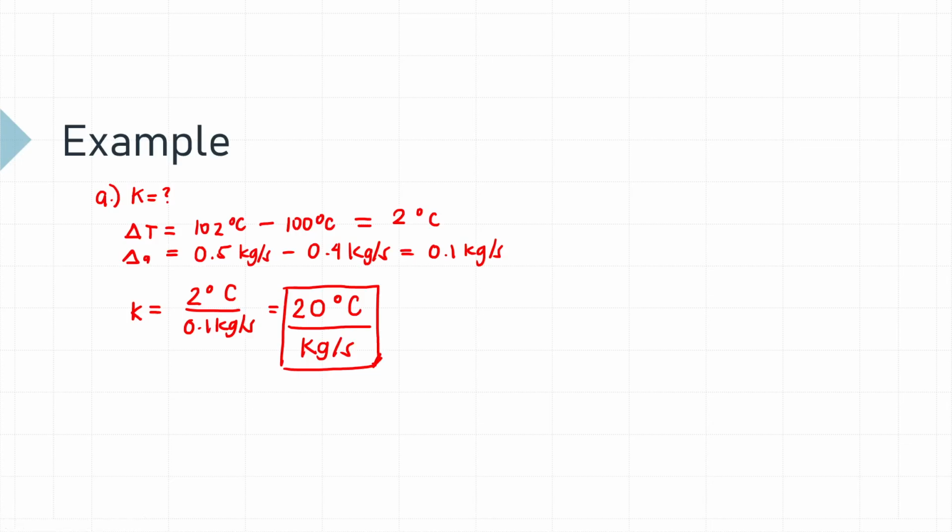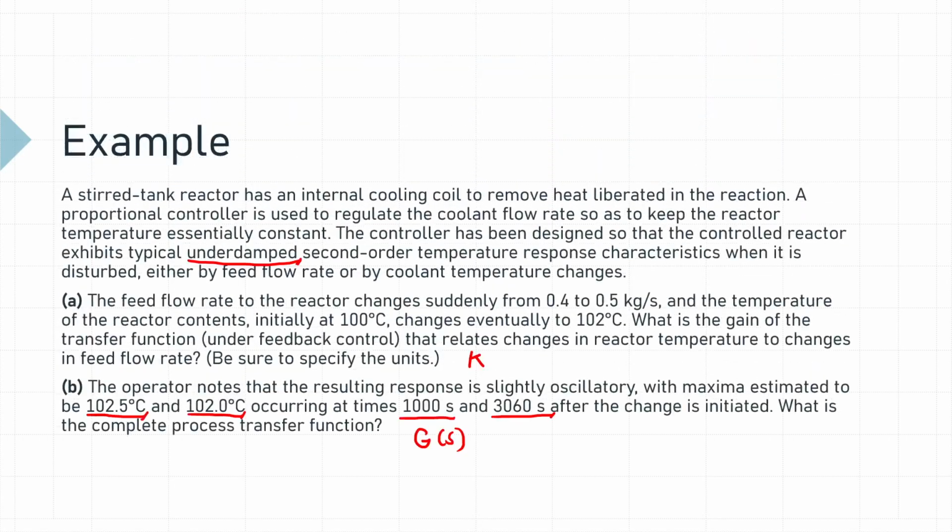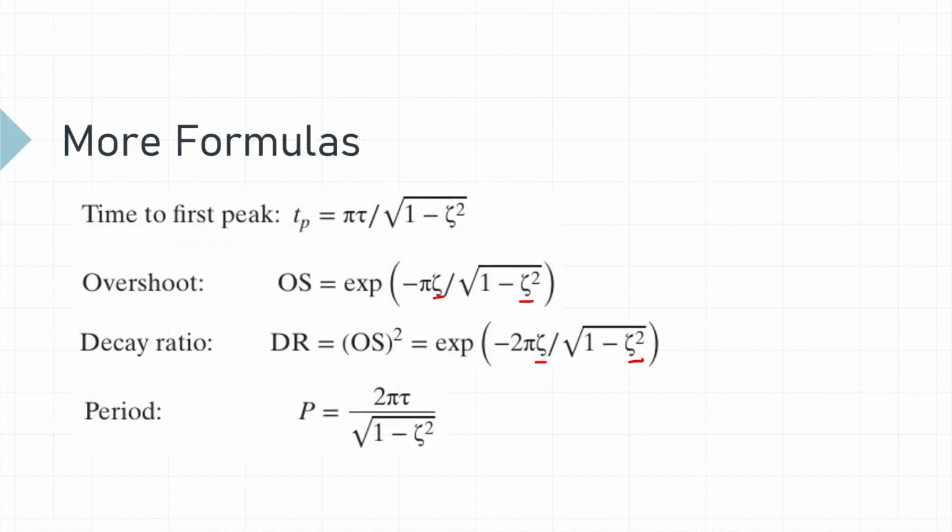So, coming from these equations, we can obviously solve for zeta, and we could also find the value of tau, if I'm not mistaken, coming from our period.